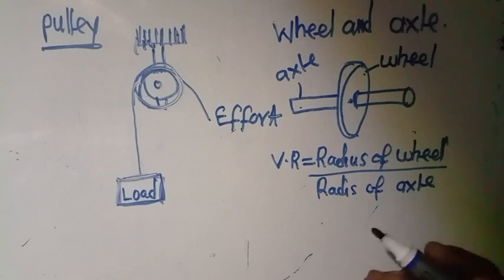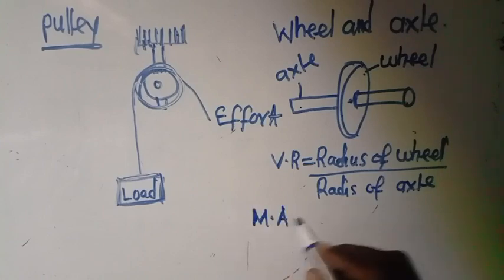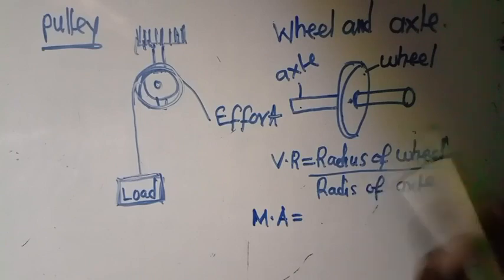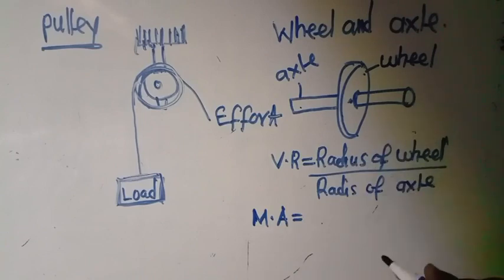And what if you are asked to calculate the mechanical advantage? I don't know if there is someone that knows the mechanical advantage of this. The way we calculate this, we are talking about the same formula. This same formula can also be used as the mechanical advantage.